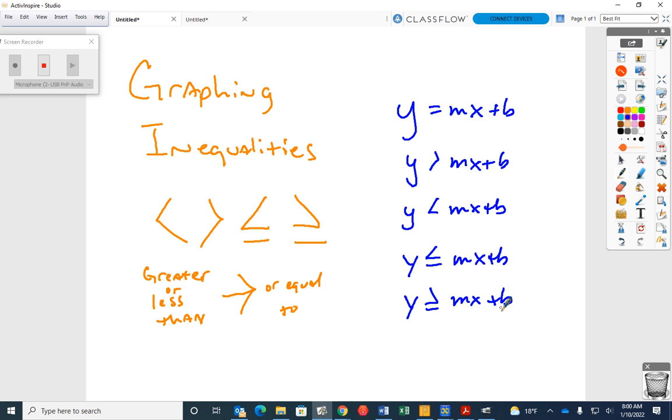In other words, we're going to treat it just like slope-intercept form. What do we look for first if we're graphing in slope-intercept form? The y-intercept. We look for the y-intercept and we look for the slope, and then we graph it.